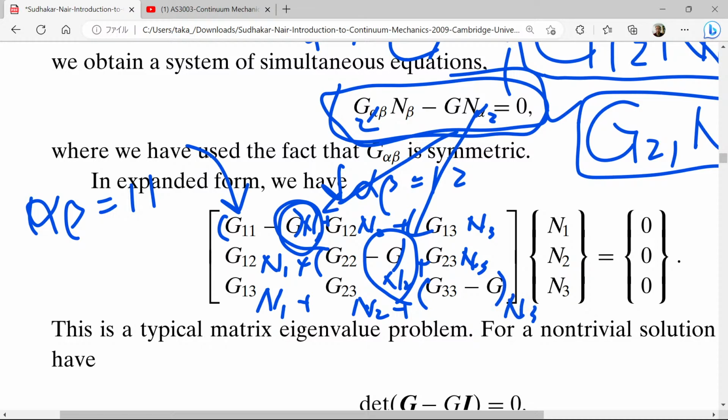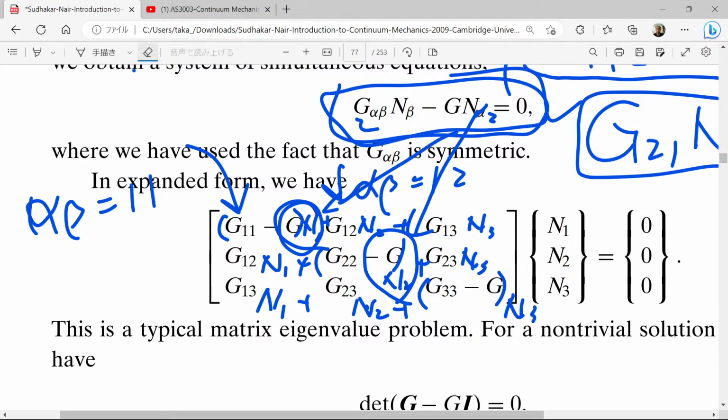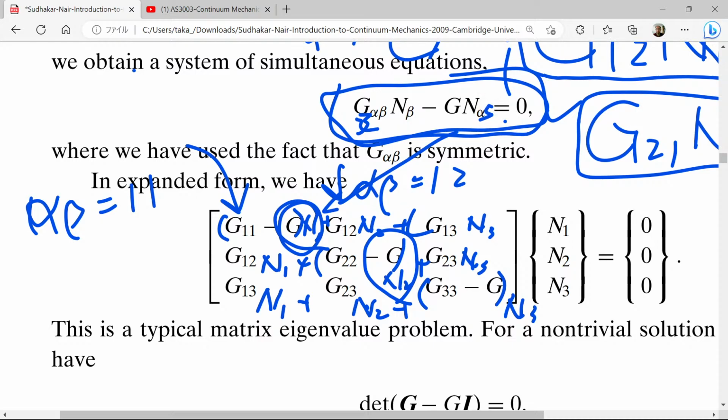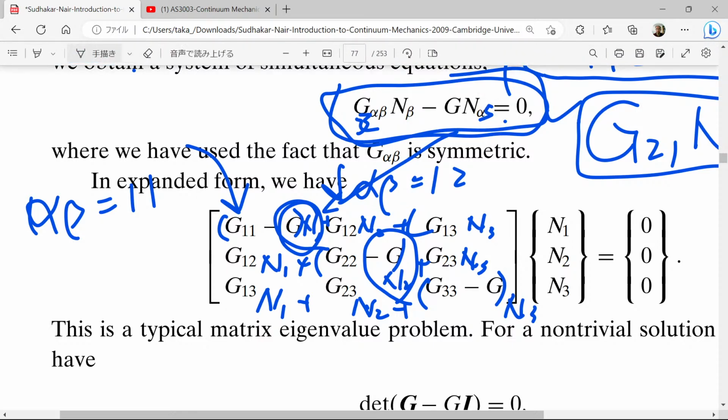Then here you can see alpha is 3 in this case.